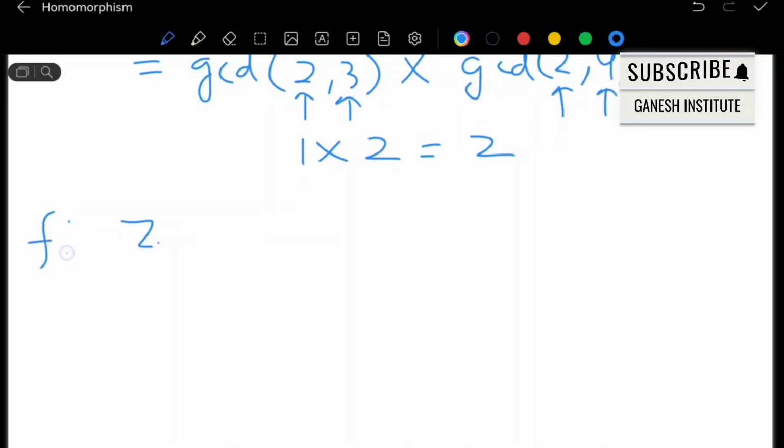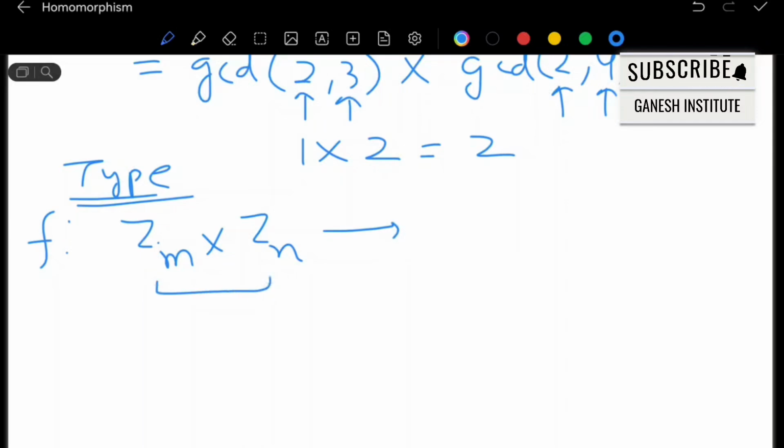Now again, you may be asked to find the number of group homomorphisms for another type of mapping. Here we have a Cartesian product of finite groups on the left, and on the right-hand side also a finite group. So that will again give us the GCD.